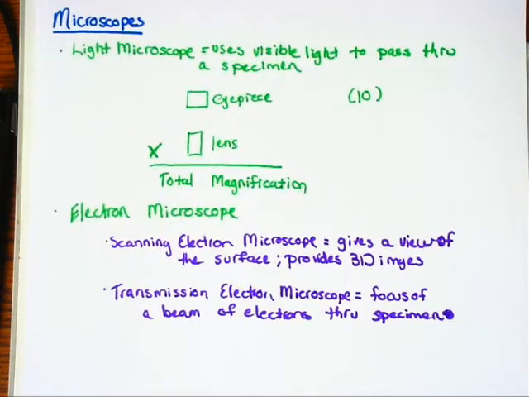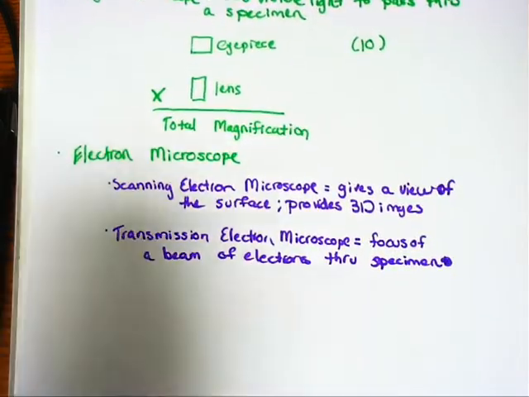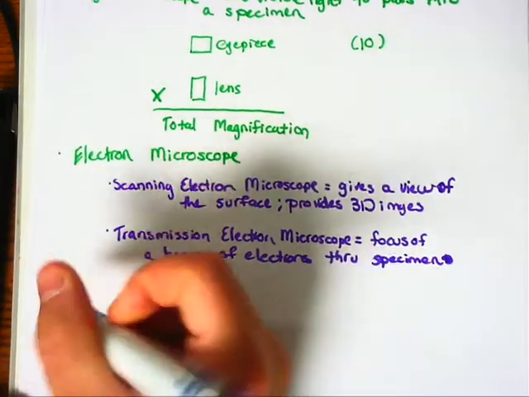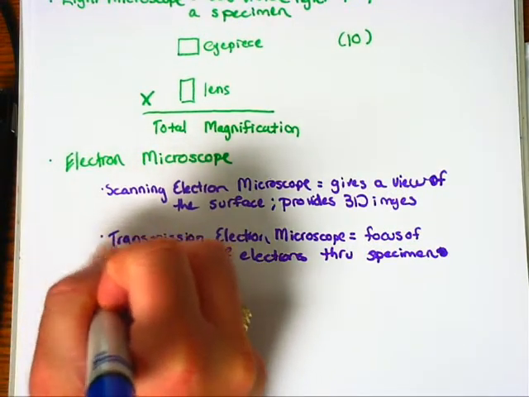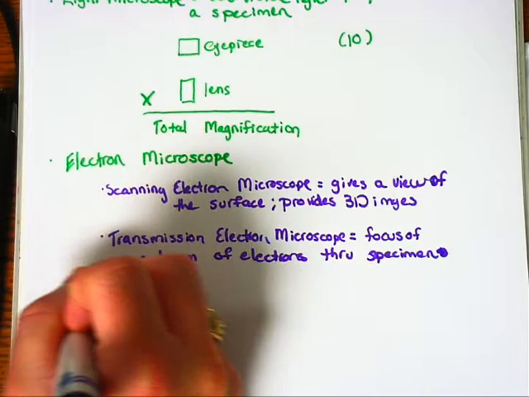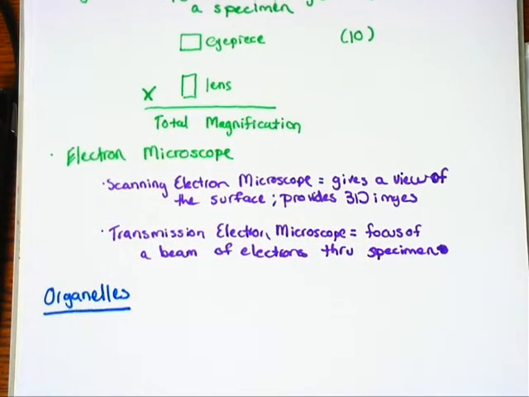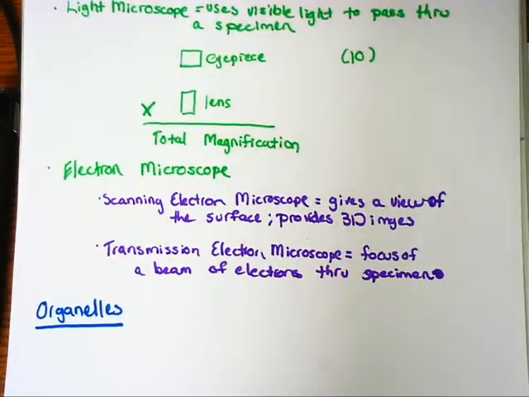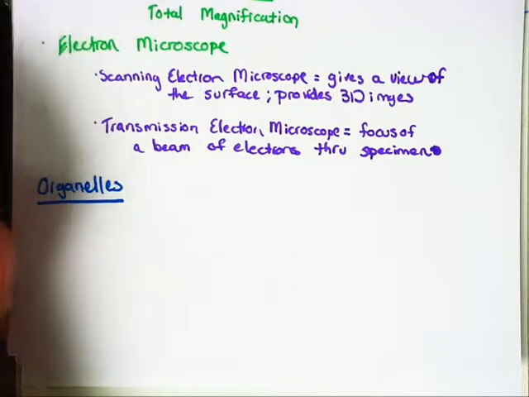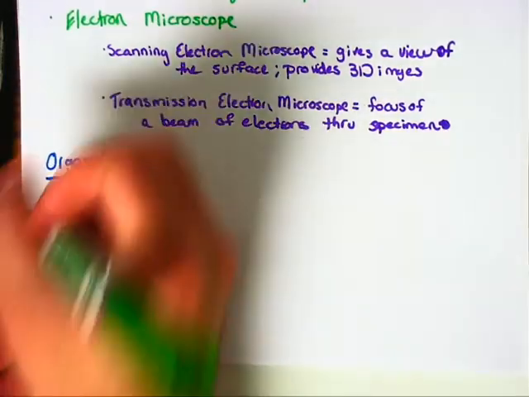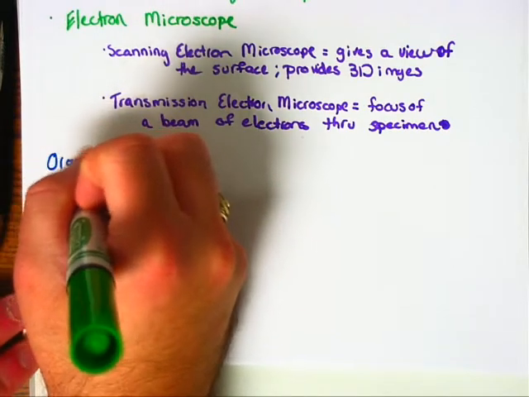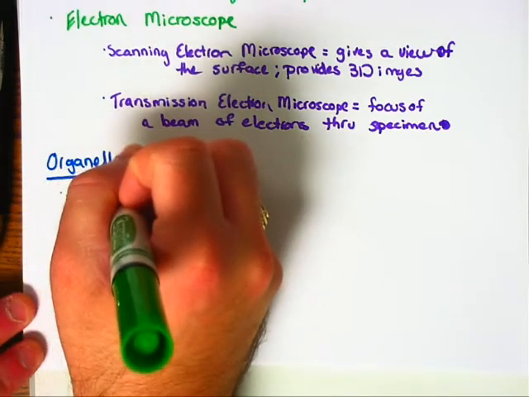Now let's talk about organelles. What are organelles? The organs of the cell. Okay, so these are the tiny organs of a cell.